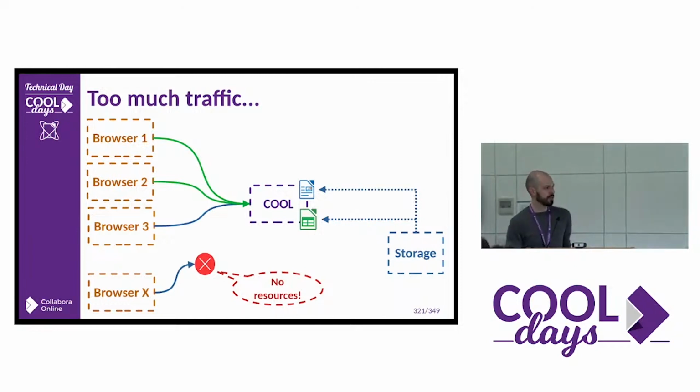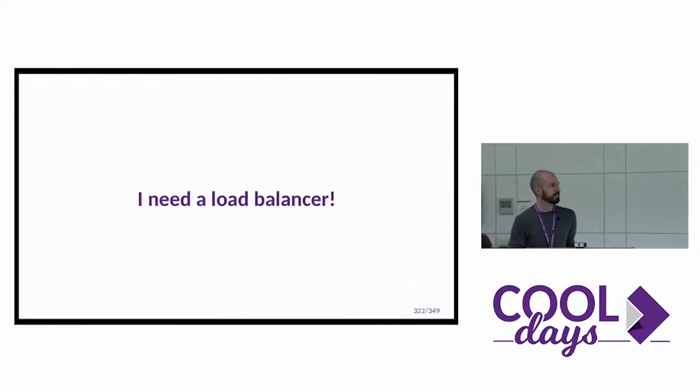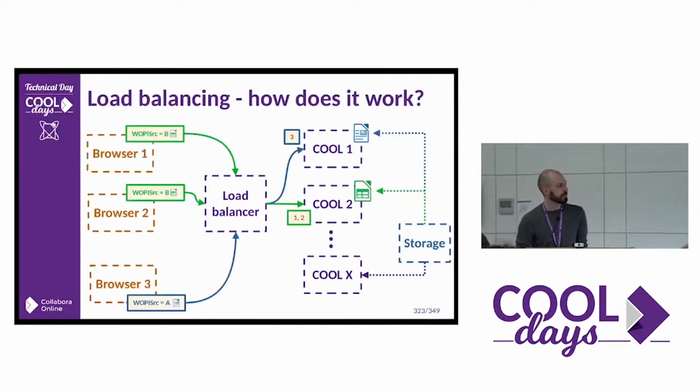At this point, you know that you need a solution like a load balancer to provide services to all these users who edit multiple files. So now we have a more complex diagram where we have multiple users on the left side, and the difference is that this time we use multiple Collabora Online instances on the right side, and between them there is a load balancer.